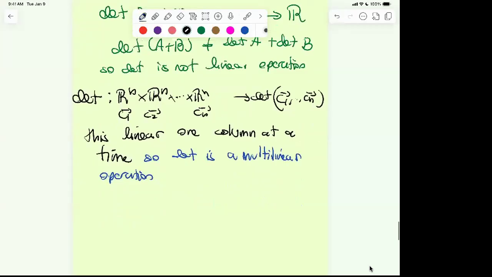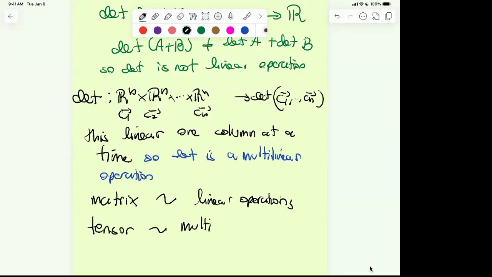In the same way in which a matrix is a linear operation, a tensor is related to multilinear operations. And that would be a useful perspective to have throughout the course. But I thought at least I would introduce it now to get it started, because of the useful point of view.